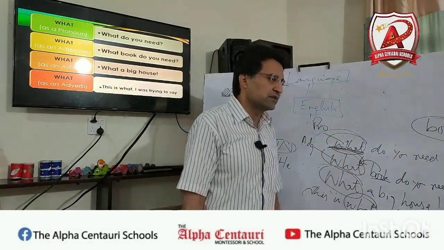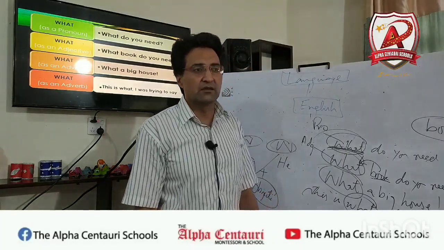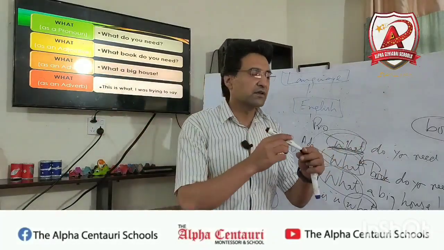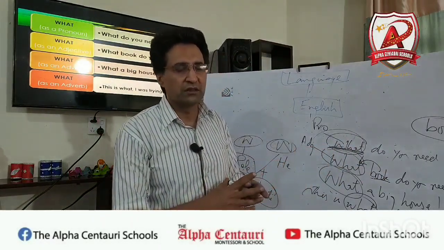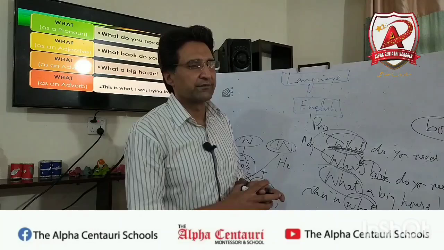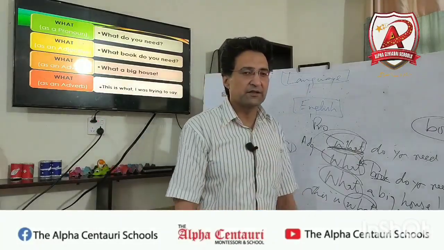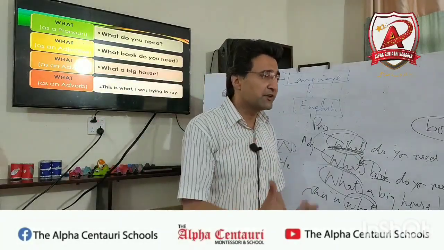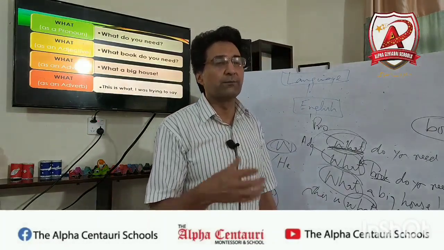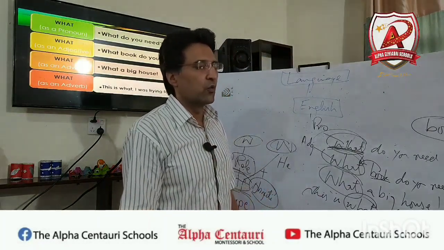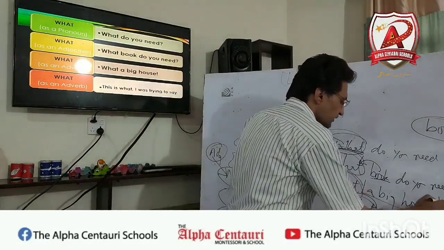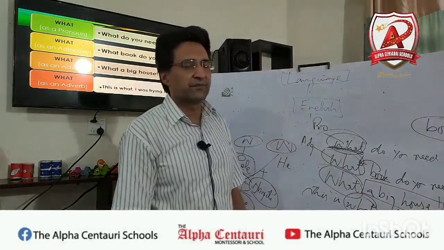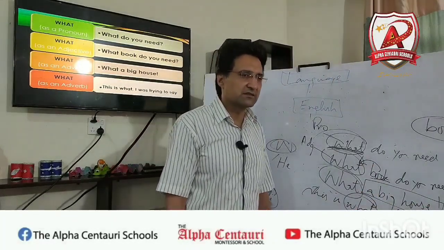Look at the third one. For example, I found a certain building, some mansion, some villa, some bungalow, and I got amazed by it. To show my amazement, I'm saying, wow, what a big house. Here, I'm using the word for the whole sentence.